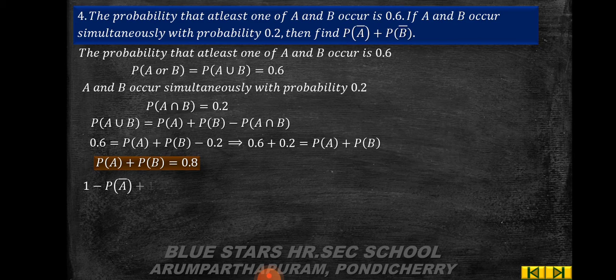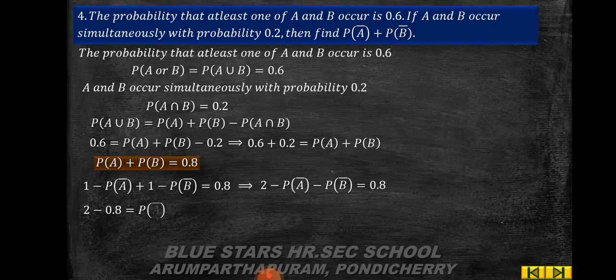We know P of A is nothing but 1 minus P of A bar and P of B is 1 minus P of B bar, so 1 minus P of A bar plus 1 minus P of B bar is equal to 0.8, which implies 2 minus P of A bar minus P of B bar is equal to 0.8. So 2 minus 0.8 is equal to P of A bar plus P of B bar. From that, P of A bar plus P of B bar is equal to 1.2.